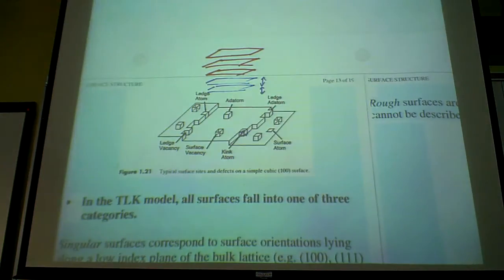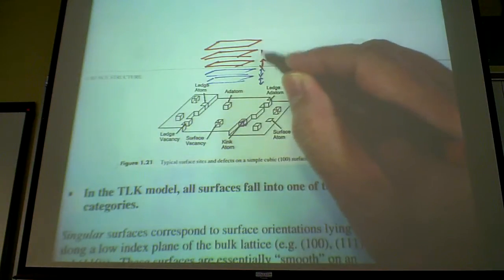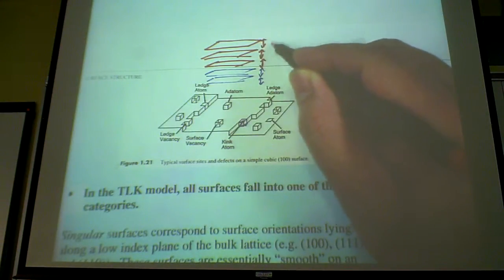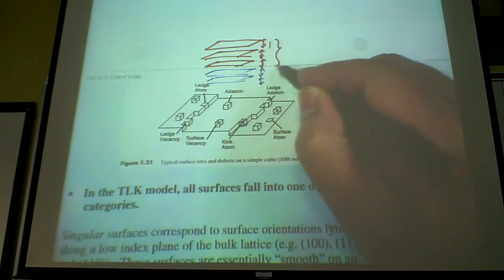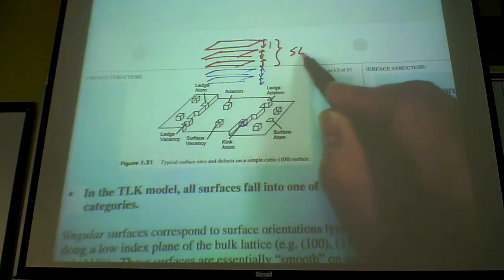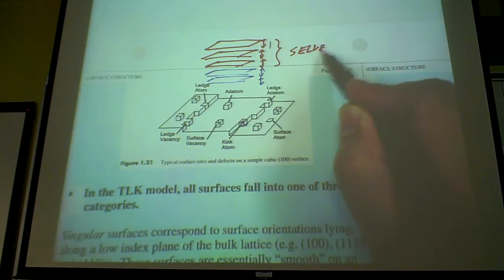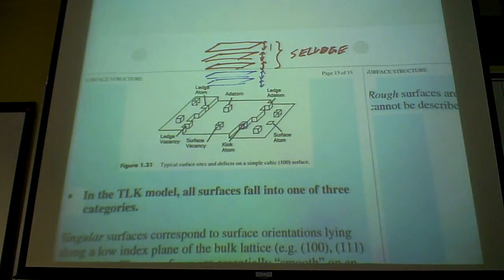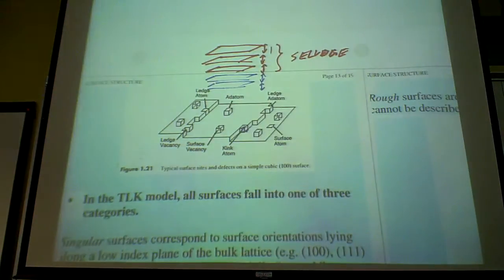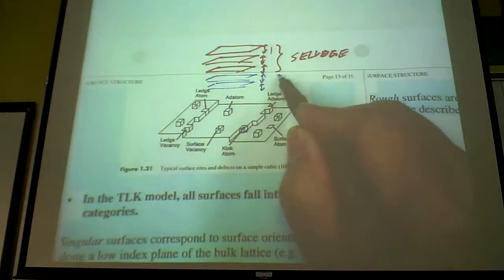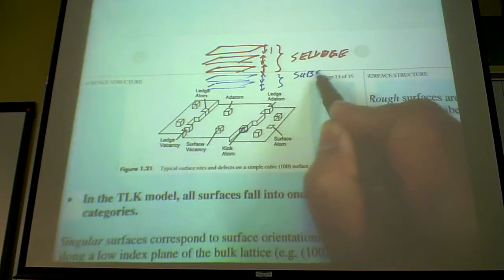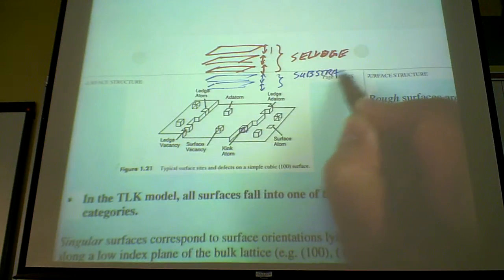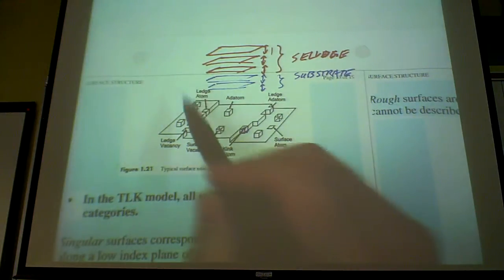But as you go into the selvedge region, the depth direction of these things may change. So these d's here may change. This is what we know as the selvedge region, and below here is what we call the substrate. So this is our definition for a clean surface.